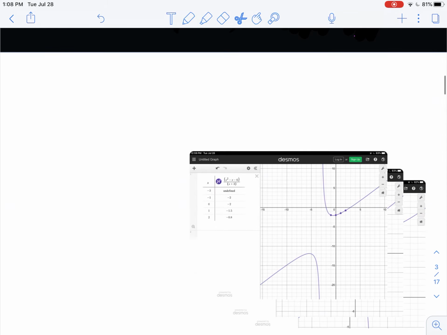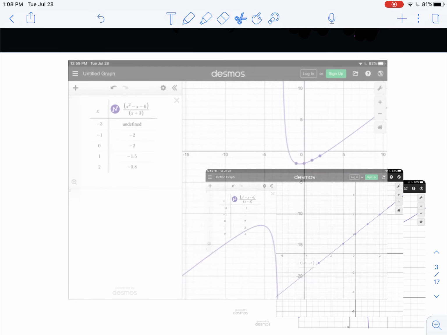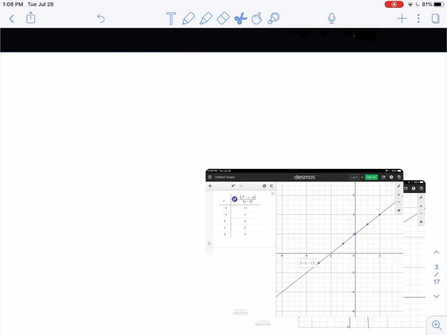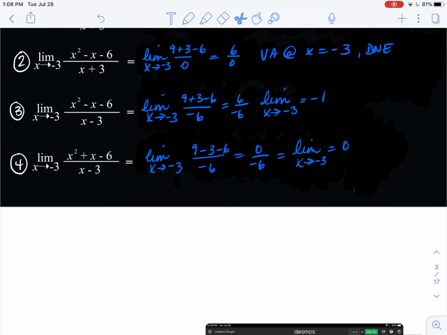Okay, let's take a look at the second one. We said the limit as x approached -3 did not exist because we had a vertical asymptote. Here is the graph of the second problem. And we can see that at an x value of -3 right here, we do have a vertical asymptote that would just come straight through here.